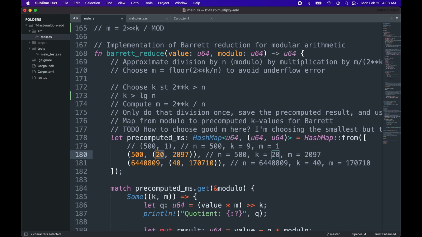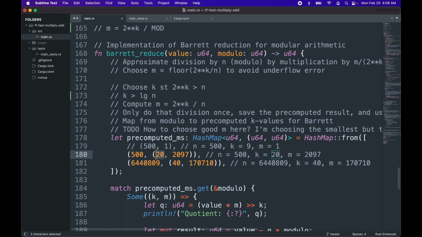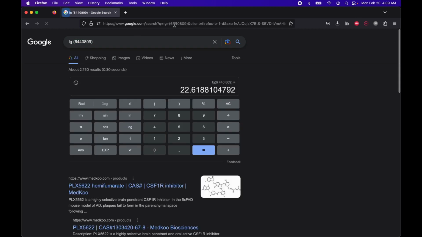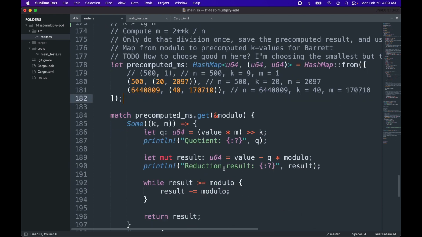Maybe I find it out through experimentation, but it's not clear to me how to choose a good m. I was at first choosing the smallest, and that didn't appear to be right. Again, when I did this process, I did binary log of this number. I said, okay, 23 is the smallest that I could have, but I'm instead going to use 40, and then just plugging in numbers into this equation, I got this as my m value.